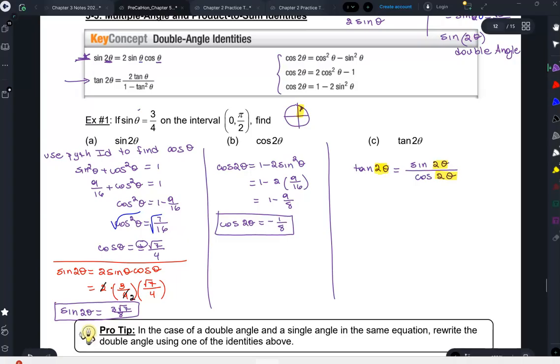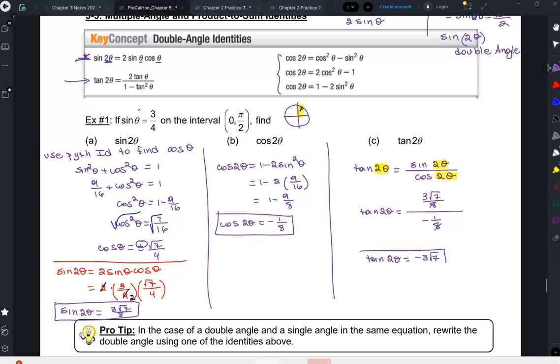So tangent of 2 theta is equal to sine of 2 theta, which we said was 3 root 7 over 8, and then cosine negative 1 over 8. The 8's cancel, so tangent of 2 theta is negative 3 root 7. And there we go. I just found all three. You could have used the identity, or this. This is definitely much more straightforward.